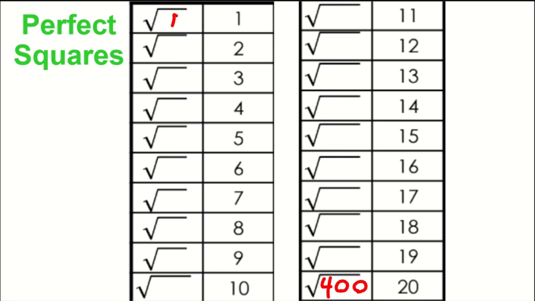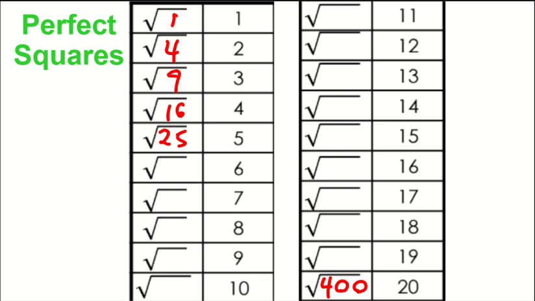Who can raise their hand and give me 2 squared? 4 is correct. About 3 squared. Ethan. 9's correct. 4 squared. Keller. 16's correct. 5 squared. Taquan. 25's correct. 6 squared.